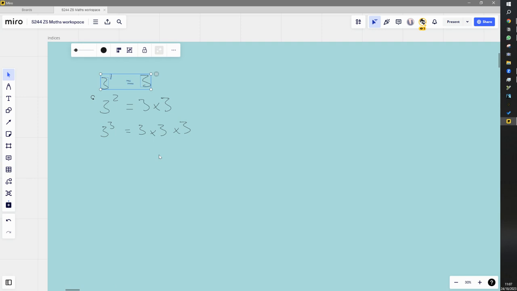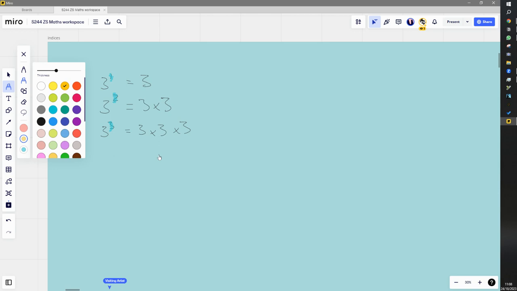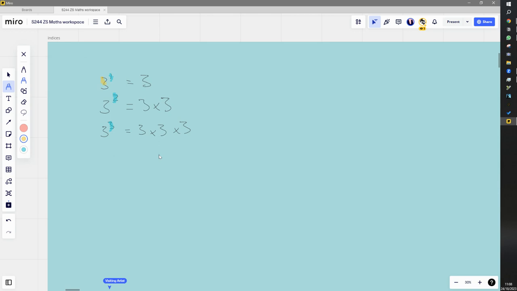And so as we can see, when we go down 1, 2, 3, as we increase the power here, let's highlight this. So this is the power. Let's use a bit of terminology here. We can call that the power, and I'll also colour this one here, and we can call this the base.